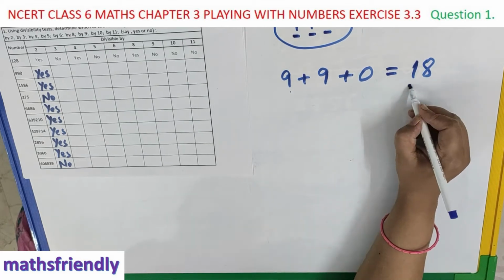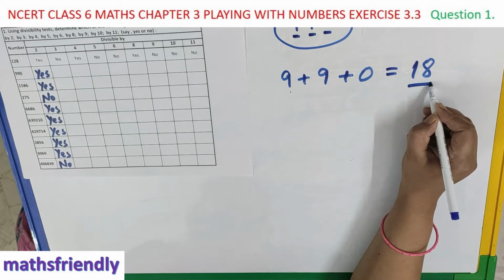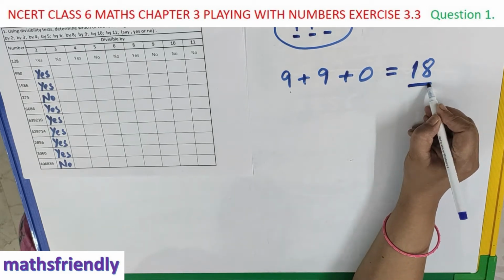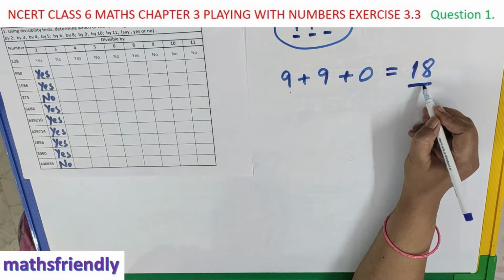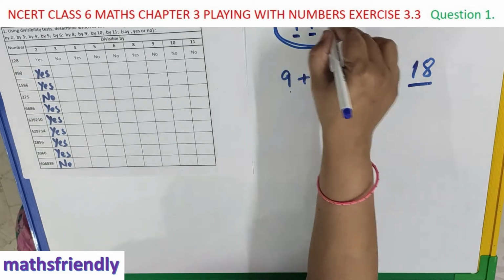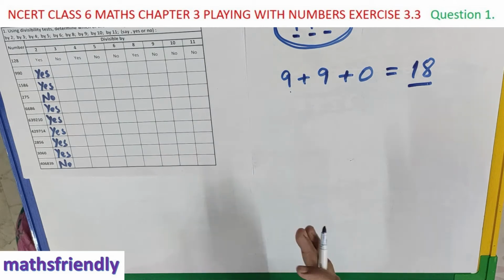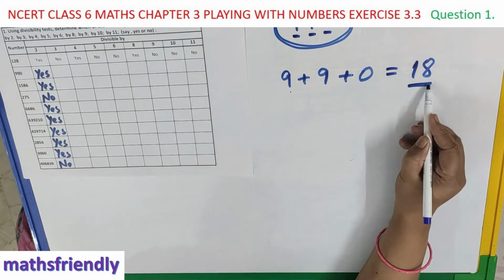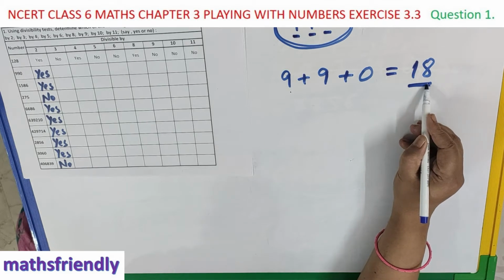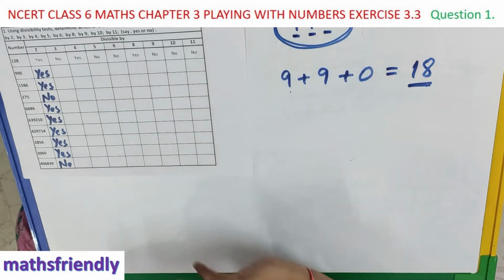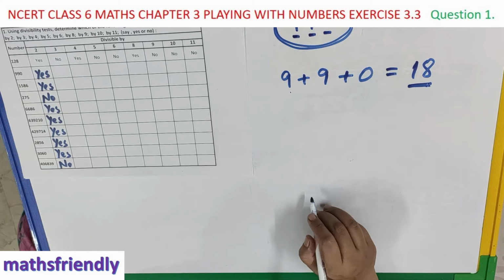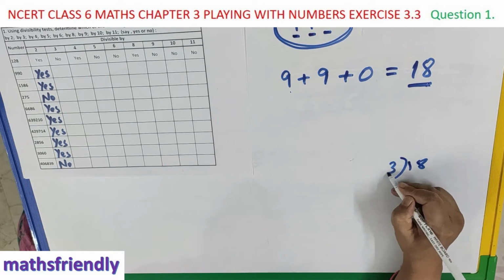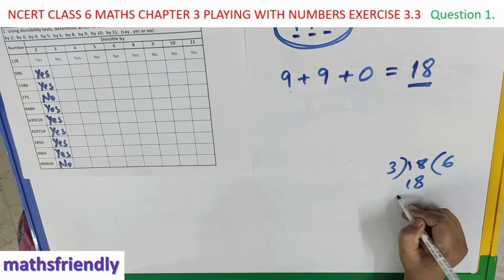Okay. So we have to check whether this sum is divisible by 3 or not. Yes, 18 is divisible by 3. It means that this whole number is also divisible by 3, because the sum of the digits is 18, which is divisible by 3, right? See, 3 sixes are 18, the remainder is 0.